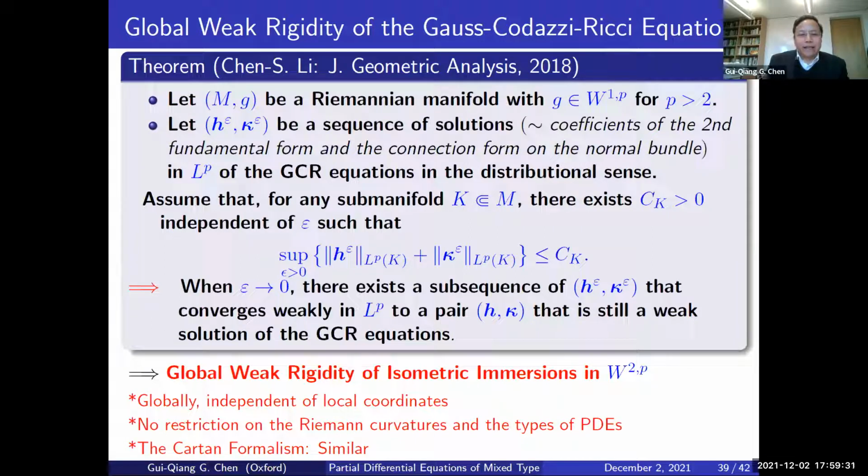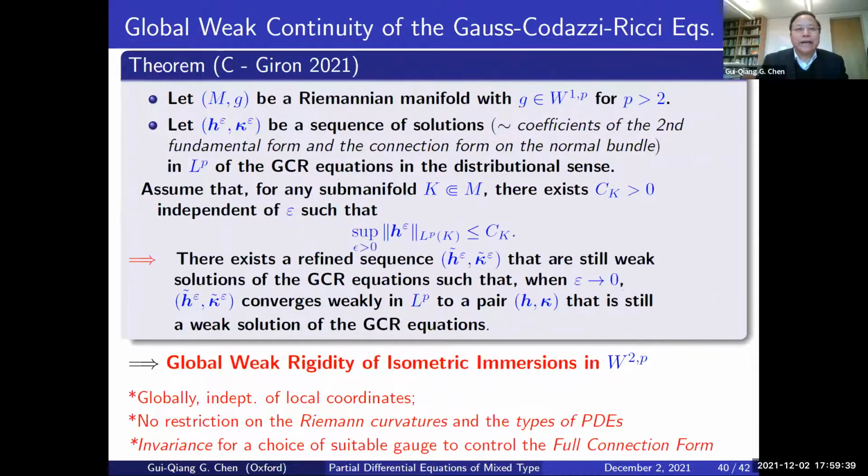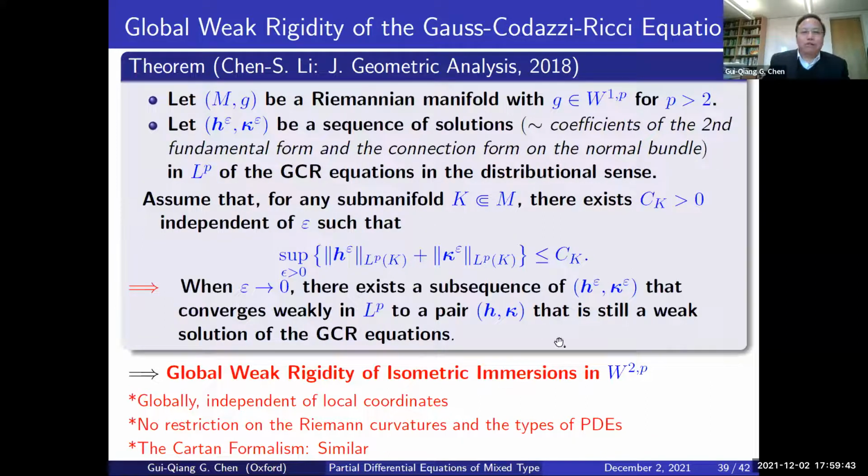This kind of compensated compactness theorem on Banach space really helps us to do that. Of course, we assumed before that both the second fundamental form and the normal connection are bounded. Now we can remove the normal bundle, the normal connection.